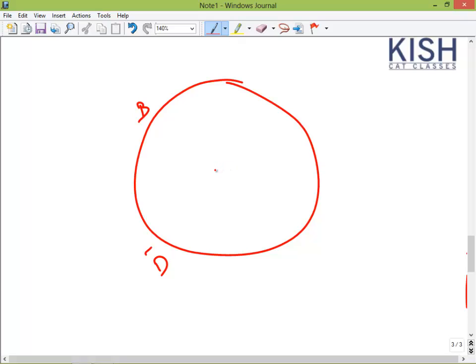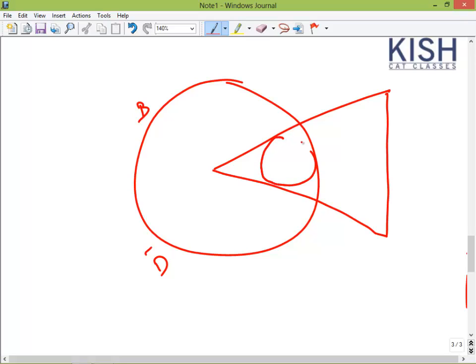Okay, this is how it is. So I need to find this one. Come to this one. This is the radius. This is the tangent actually. So the moment you find the tangent, it's even simpler.